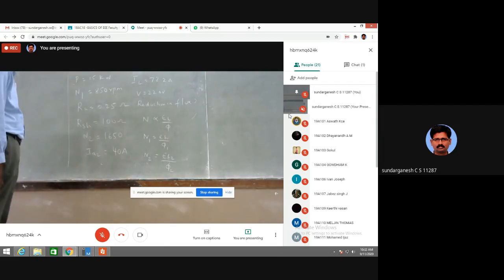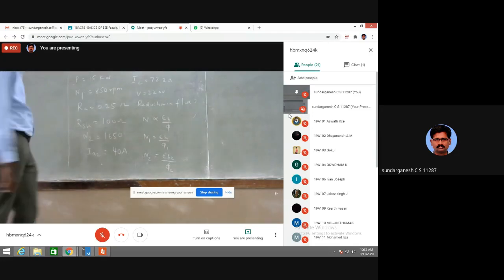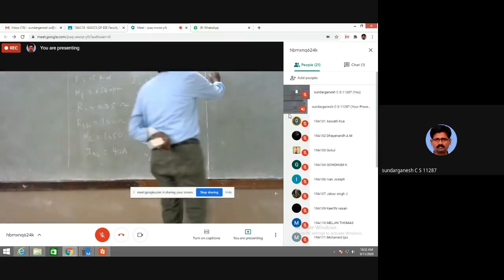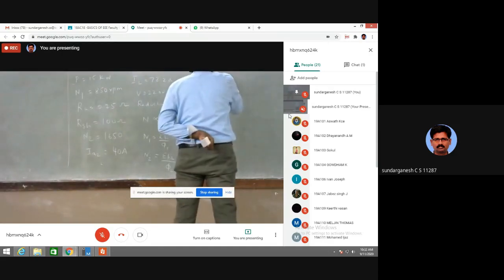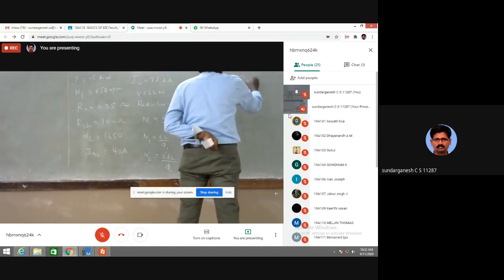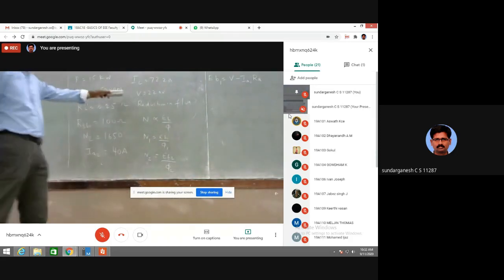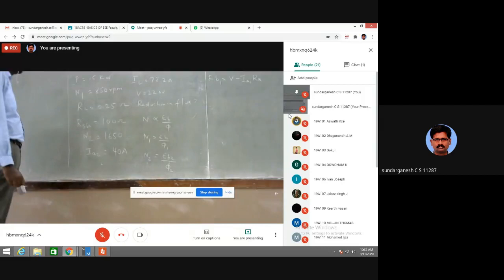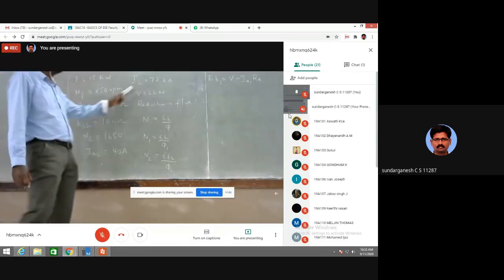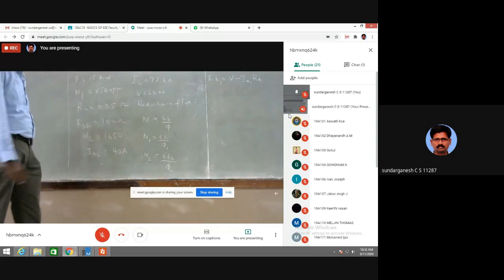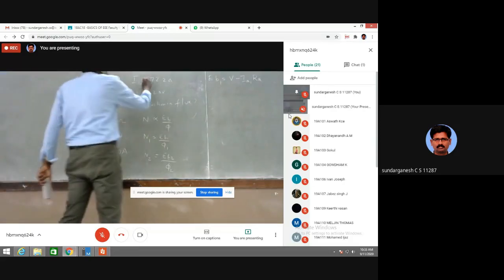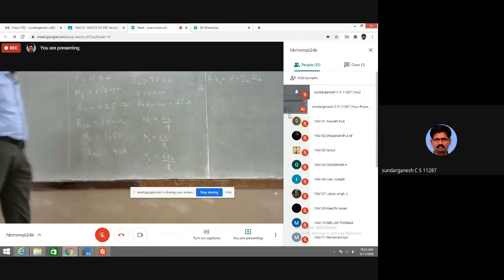The EB equation is V minus IA RA. First we have to find EB1. EB1 is equal to V minus IA1 RA. We have V as 220 volt, and RA is available, but there is no IA1. So first we have to find IA1, but we have the total current IL1.